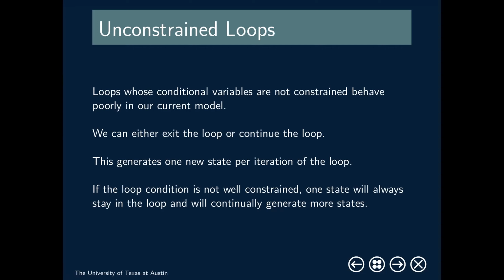One state is always going to stay inside the loop, and then at every step, it's going to generate another state that's leaving the loop. So essentially, we're generating one new state every step that's almost identical to the previous state.